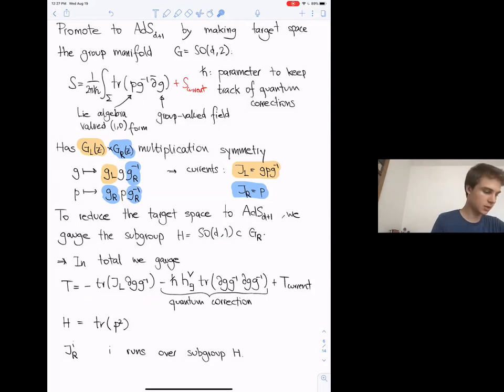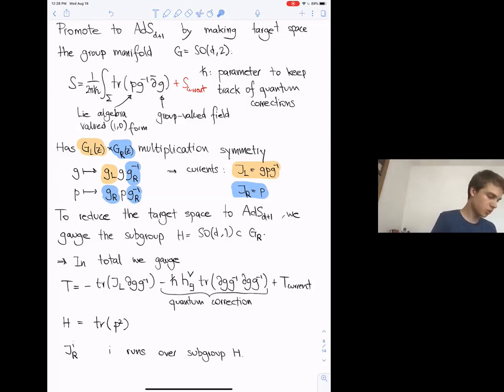And then if you require that the two currents, so P as well as J_L, should be primary fields on the worldsheet, then you will need to add actually these quantum corrections to the energy momentum tensor. So that's similar to what you know from the Sugawara construction, where there's also a quantum correction coming from the dual Coxeter number.